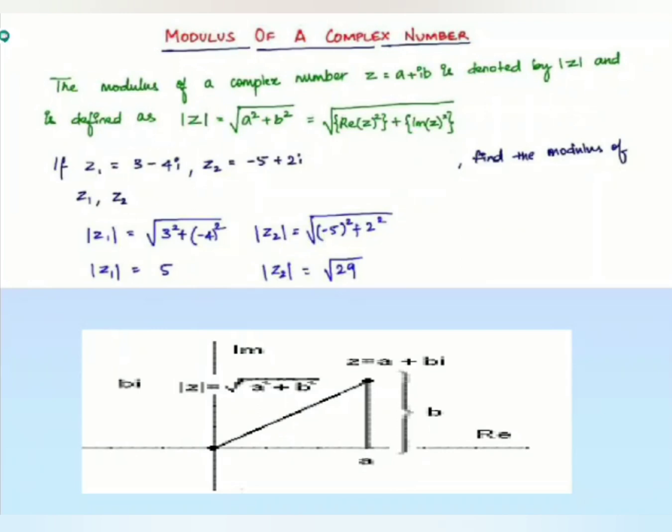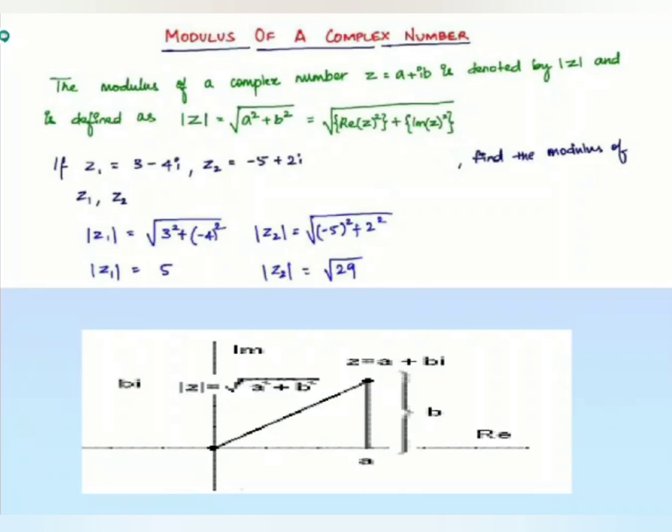Therefore, mod z2 equal to root over (-5) square plus 2 square, which is the square root of 29. 25 plus 4 is 29.